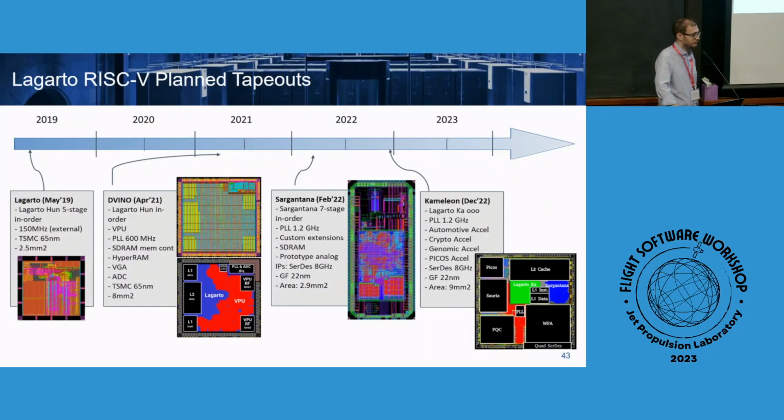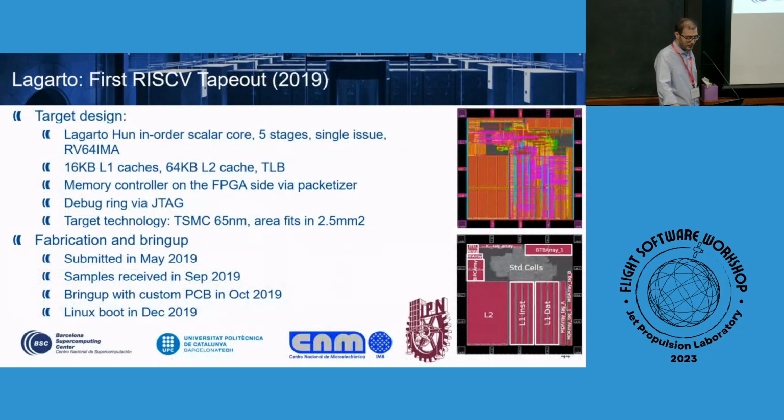Here you can see the different tape outs that we have performed so far with our Lagarto. We started back in 2019 with the first iteration in TSMC 65 nanometers, and our latest tape out was performed back in December 2022. Let's see a bit more detail for these designs.